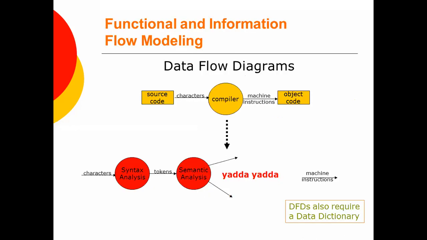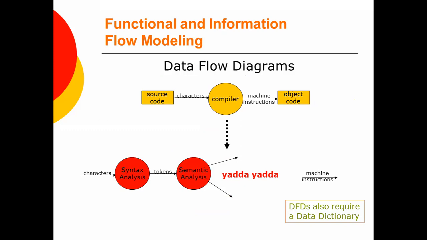Now this diagram is called the functional and information flow modeling. Here you can see these are also called DFD, the abbreviation for data flow diagrams. In the data flow diagram, you can see first we have the source code as an input.